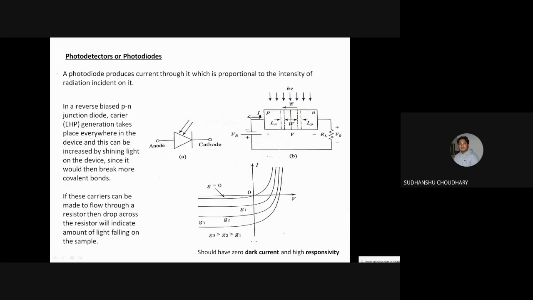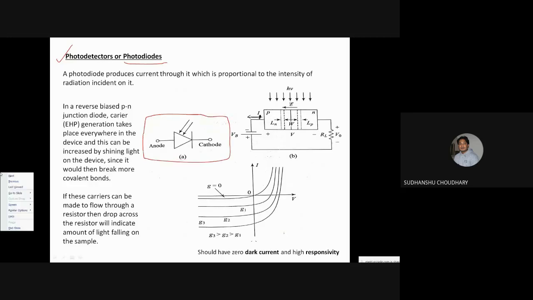Now apart from LEDs, the photo detectors or photodiodes are also important. In fact, these photodiodes just behave opposite to how an LED behaves. And these photodiodes are represented by this symbol.